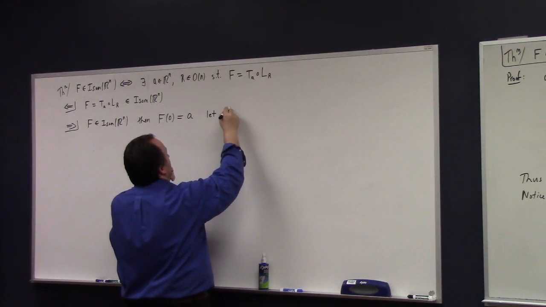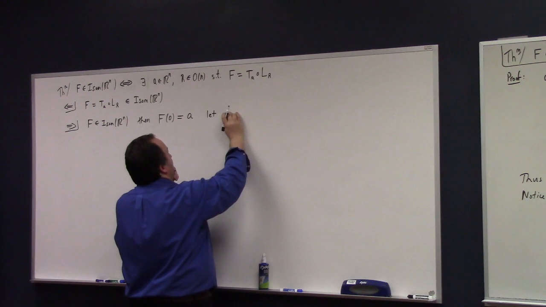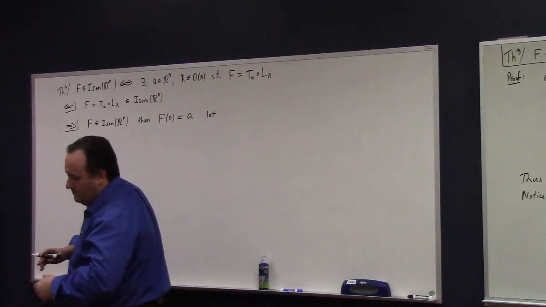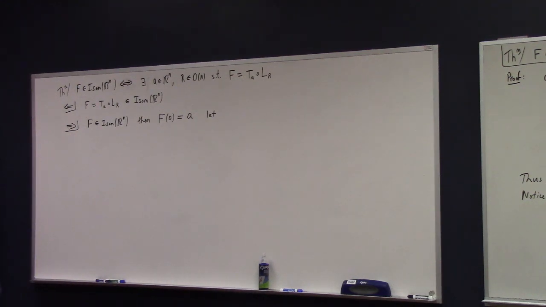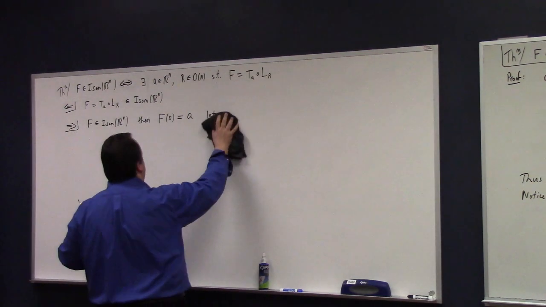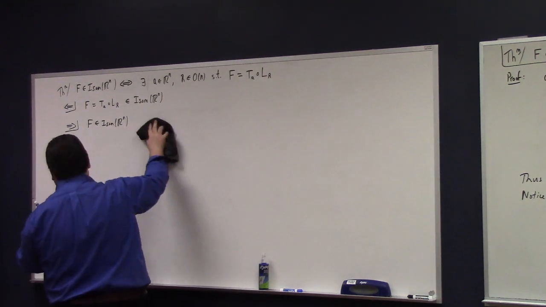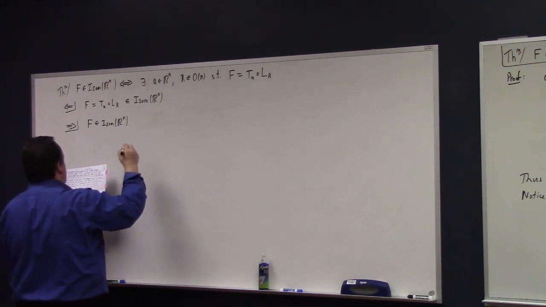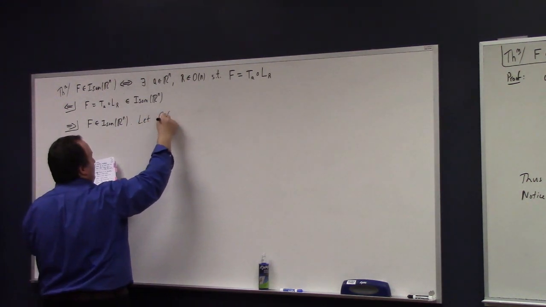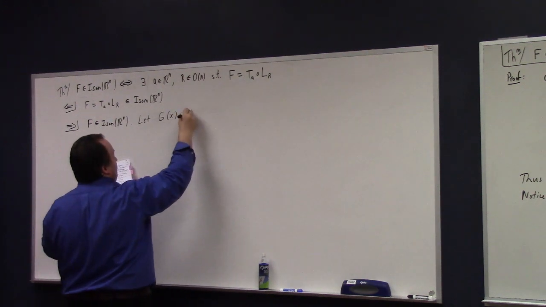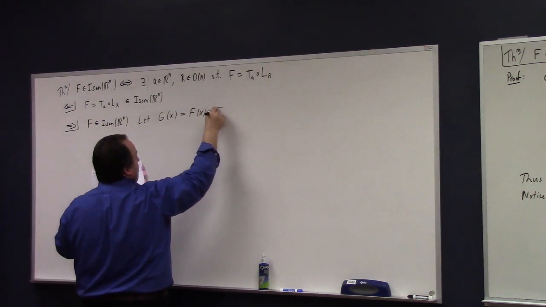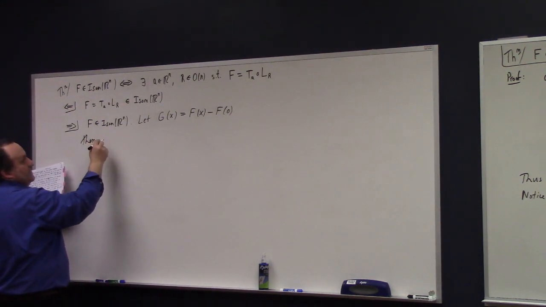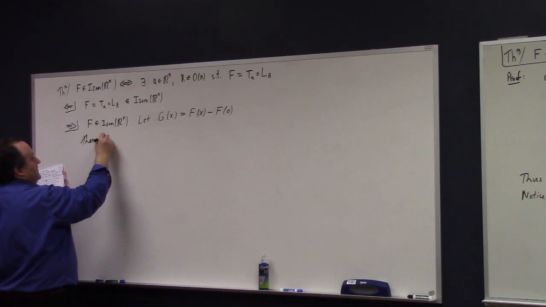Oh, rats. Oh no, that's not quite it. All right, let me try again here. So f an isometry, I said let g of x be equal to f of x minus f of 0. Then what can we say? g of 0 is what?